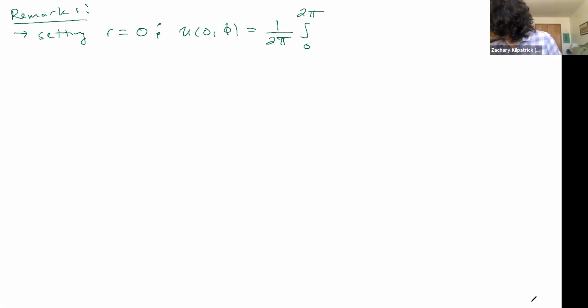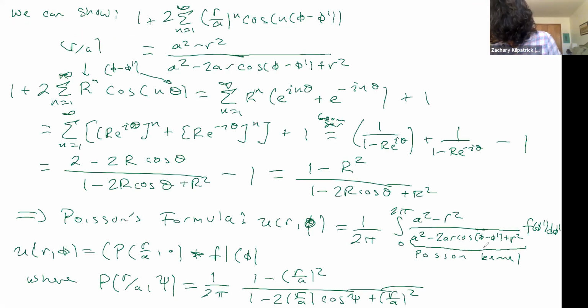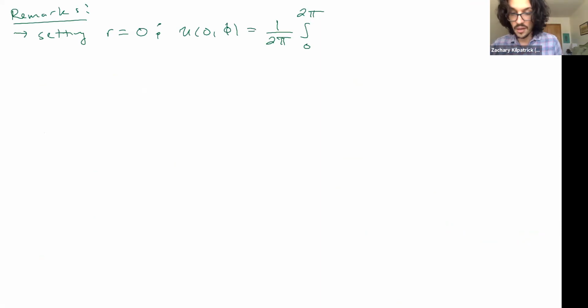If I plug in 0 here, I get a 0 here, a 0 here, a 0 here, and I get an a squared on the bottom and an a squared on the top. So those cancel out, and I just have an average of my boundary.